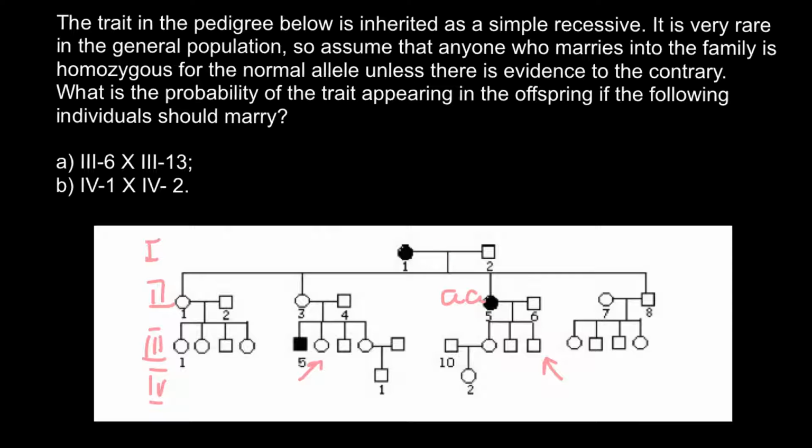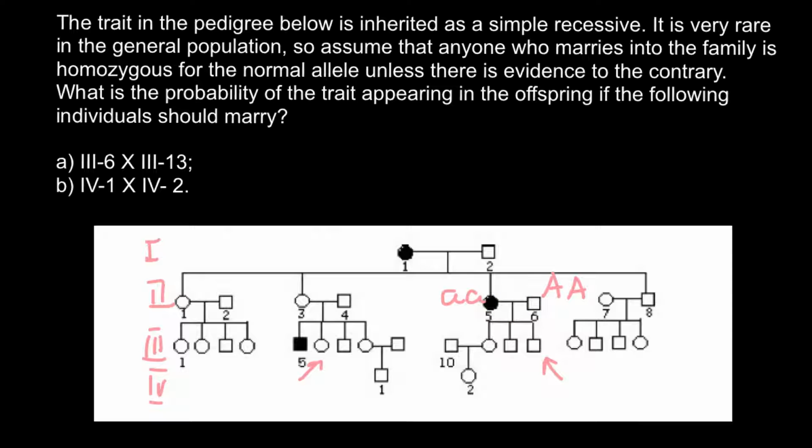We are told that this is a rare genetic disorder, so all outcrosses, all people who are not genetically part of the family, so these two people are not relatives, we put capital A here. So we have to assume that this person is homozygous dominant. And as you see, we don't even need a Punnett square. We can tell that 100% of the progeny of this couple would be heterozygous.